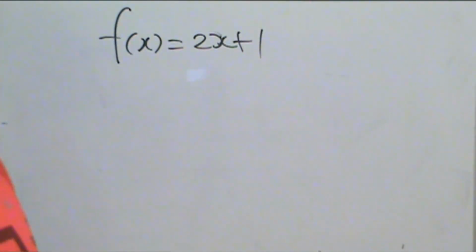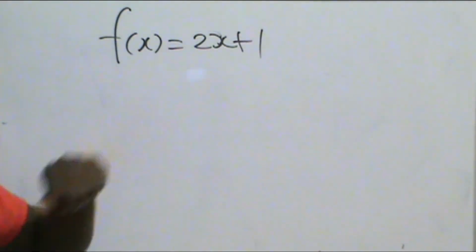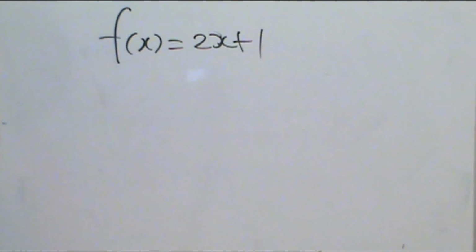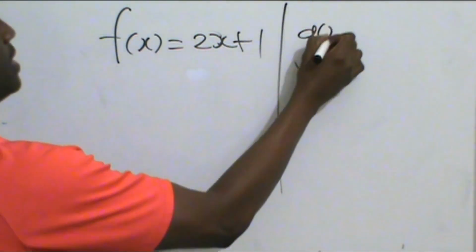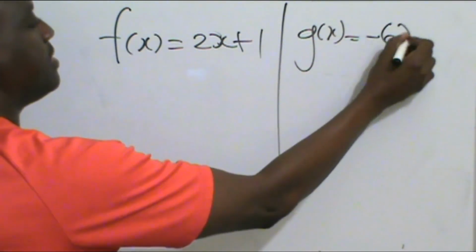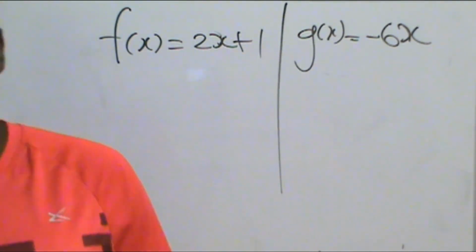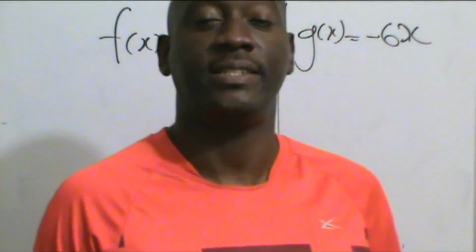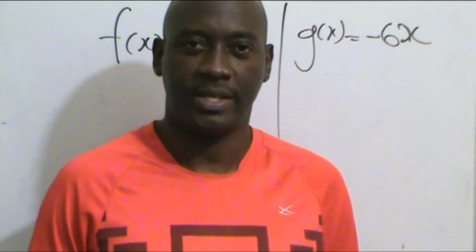It means that whatever the value of x is, you multiply x by 2 and then you add 1 to it. If I say that another function, let me call that g of x, is equal to minus 6x, it means that whatever the value of x is, we multiply by minus 6 times the value of x.